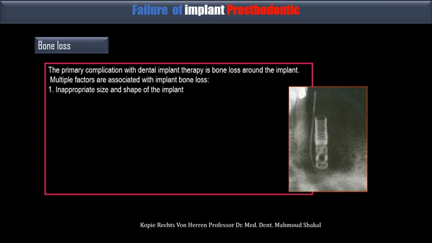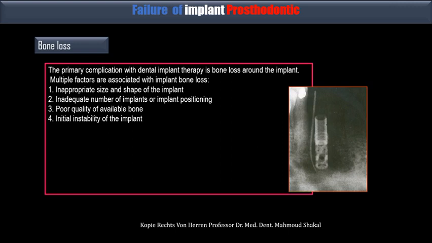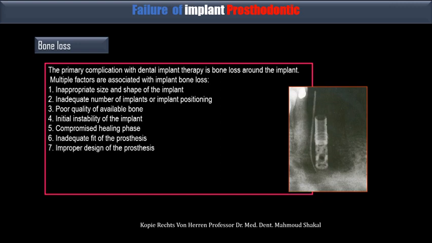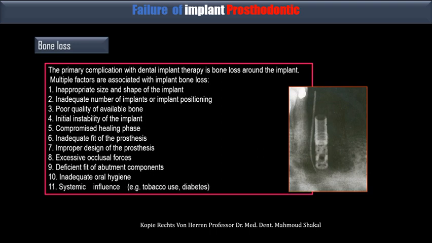Multiple factors are associated with implant loss, like inappropriate size and shape of the implant, inadequate number of implants or implant positioning, poor quality of the available bone, initial instability of the implant, compromised healing phase, inadequate fit of the prosthesis, improper design of the prosthesis, excessive occlusal forces, deficient fit of the abutment component, inadequate oral hygiene, and systemic influences like tobacco use.